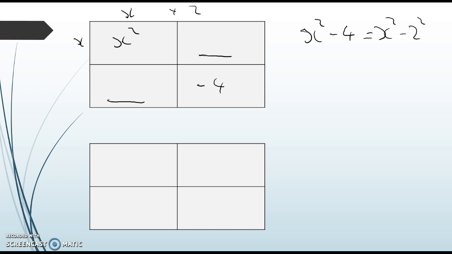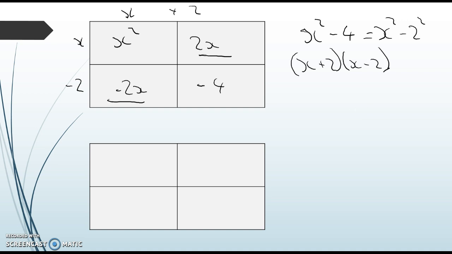So we have a 2 here, a negative 2 there. Negative 2 times x is negative 2x. 2 times x is 2x. And we still come back to our same point of before. Our 2x and our negative 2x cancel each other out. So our factors of x squared minus 4 are x plus 2, x minus 2.